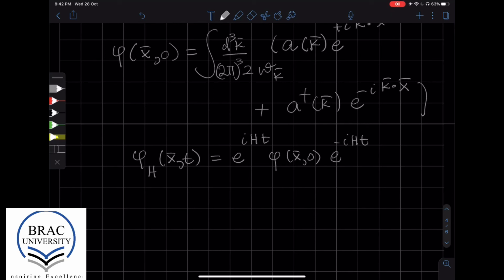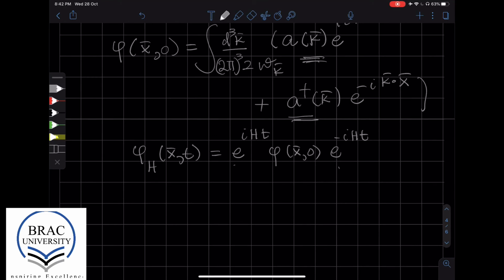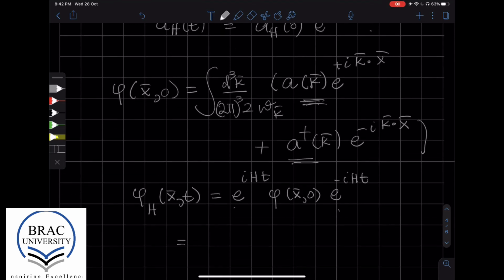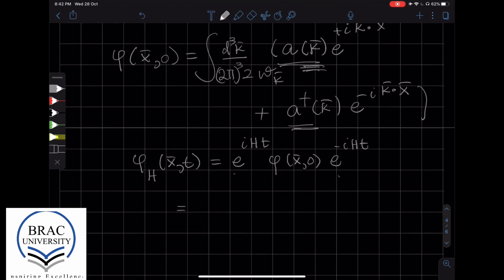But these are nothing but creation and annihilation operators. And here we have the time evolution operator and its conjugate. Therefore, it's just a very easy exercise to show that this will result in this thing evolving with a factor of this and this.